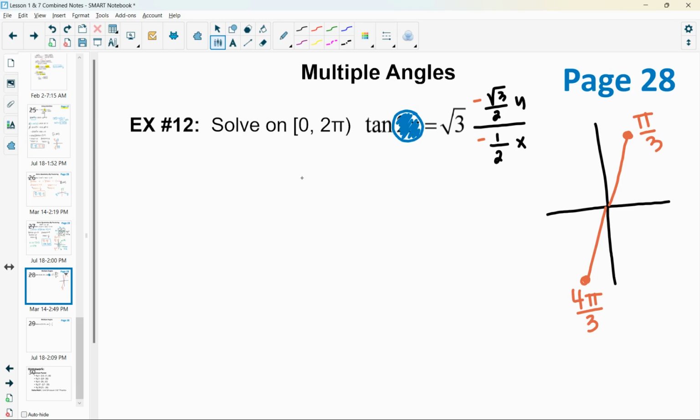Now, those are our two solutions to this 2x, okay, because that 2x was inside of there. Okay, so 2x equals pi over 3, or 2x equals 4 pi over 3.